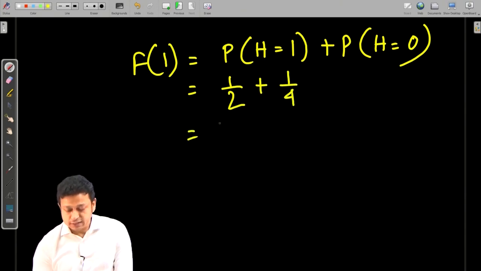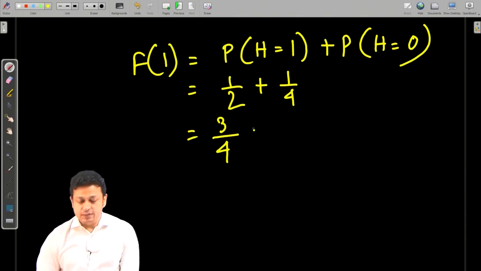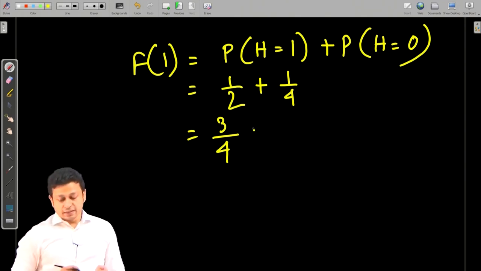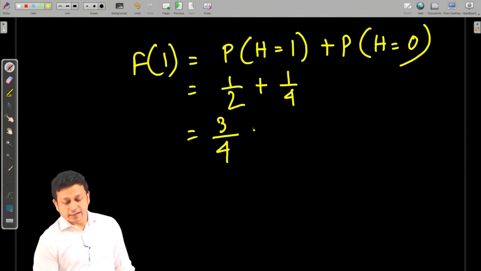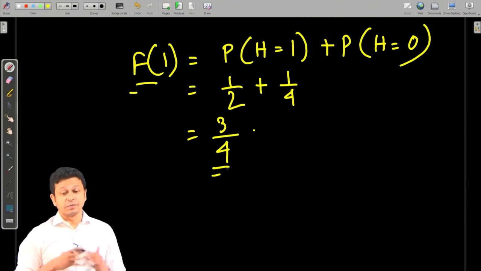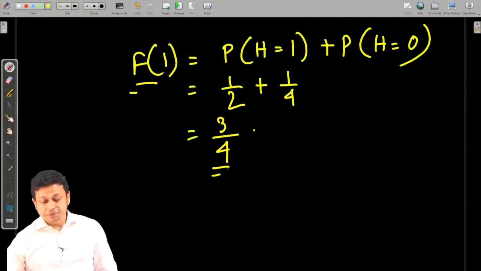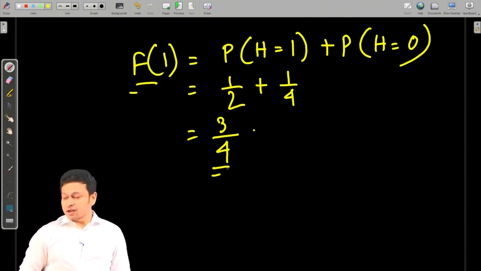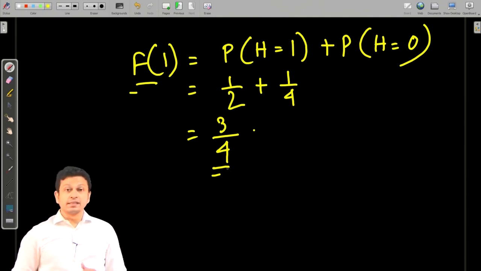So, together they will make 3/4. So, using the CDF I can get the value. This is basically the idea of CDF, and we may use the concept of CDF time and again. So, this is the basics of probability distribution for discrete random variable and continuous random variable.